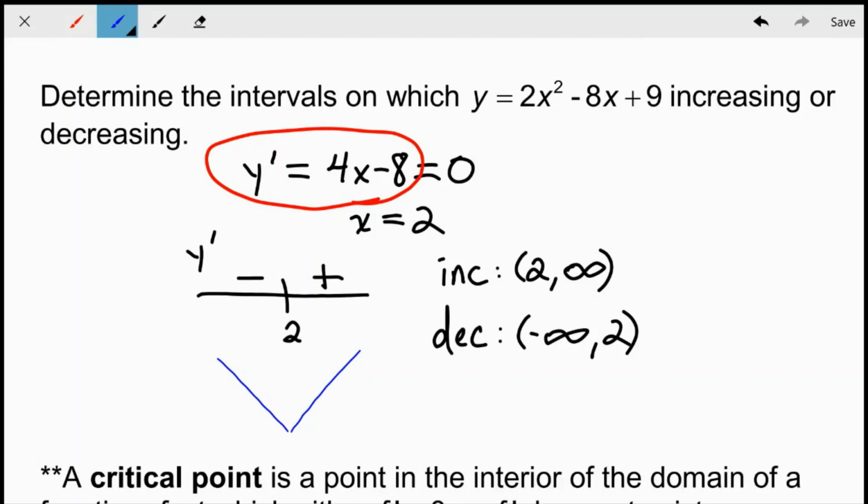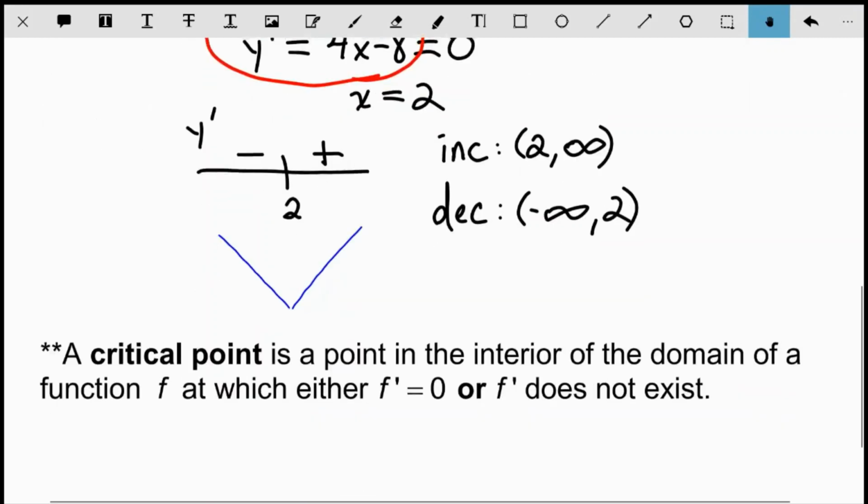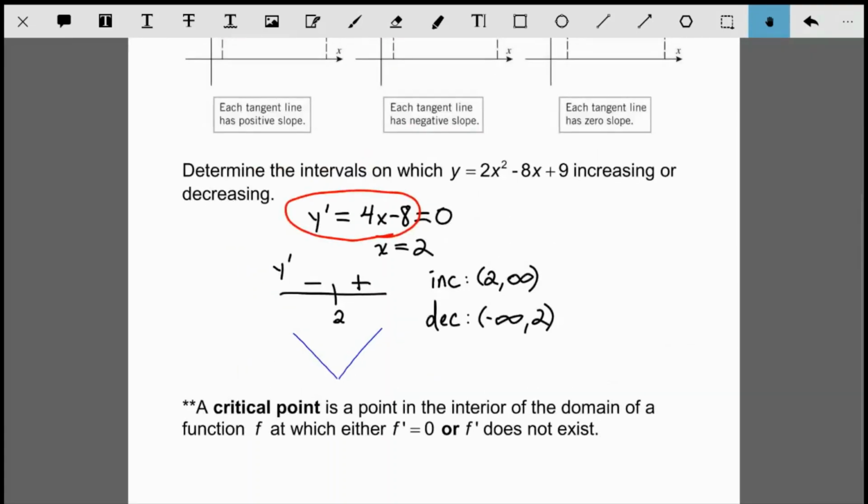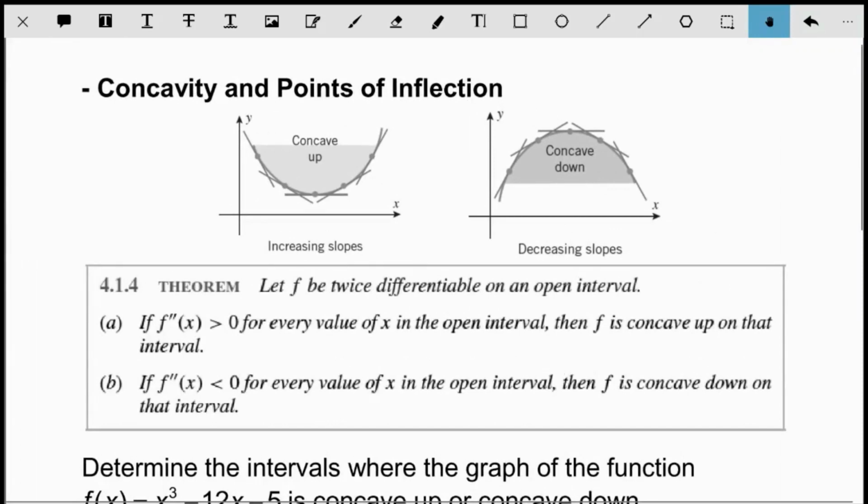I know that's a parabola opening up. So clearly what I drew here isn't a parabola, but it does have the behavior of going down and then going back up, just like you would see with a parabola. Okay, so big thing, when we find critical points, we're always looking for the points where the derivative is 0 or where it's undefined. Okay, so let's talk about concavity and points of inflection.